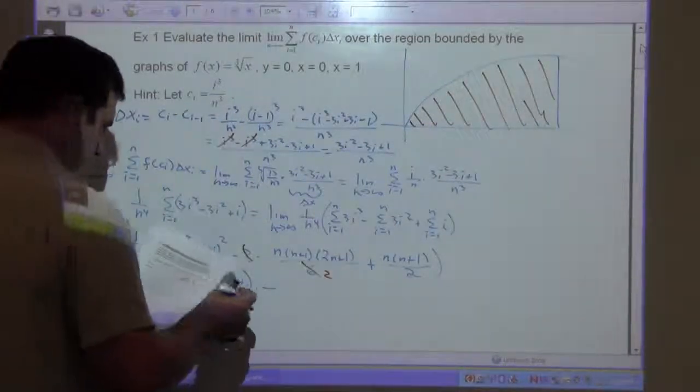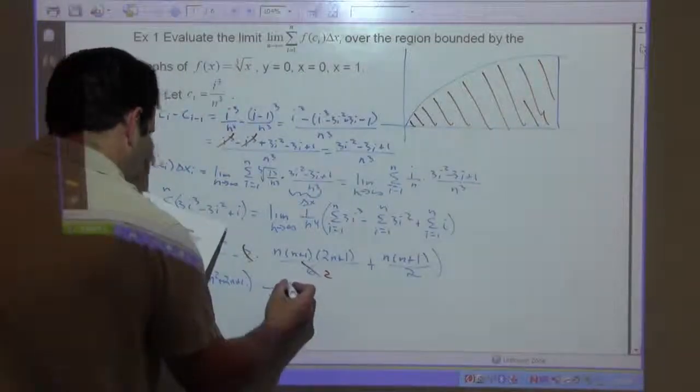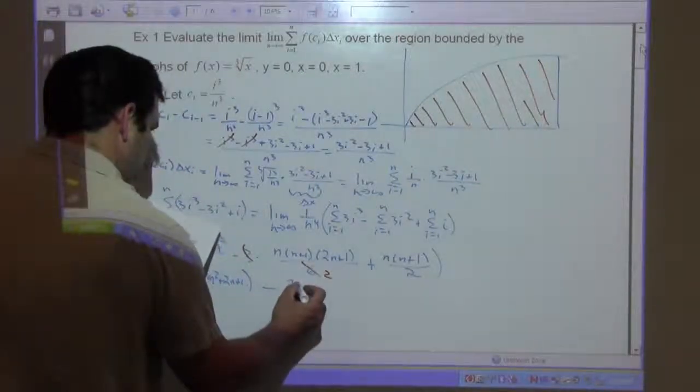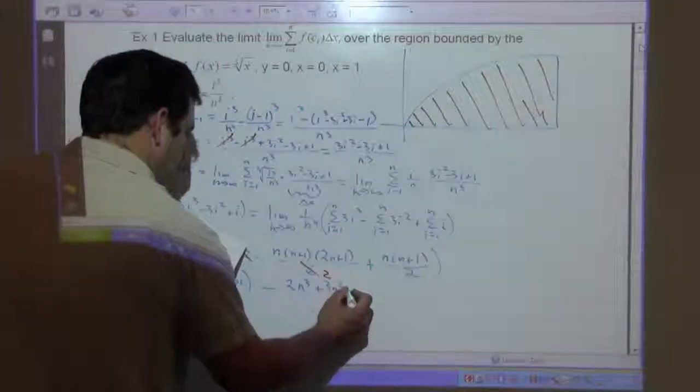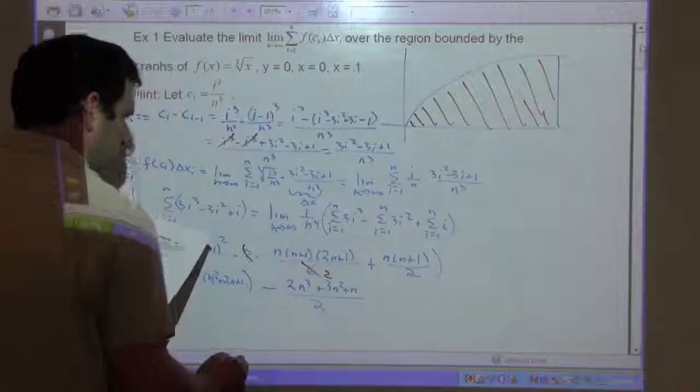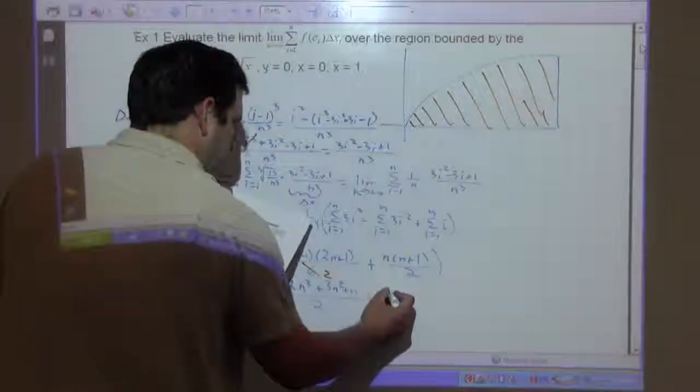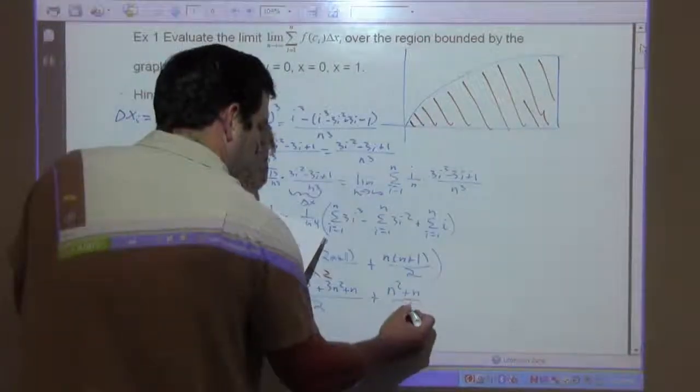We saw this before. It's going to be 2n cubed plus 3n squared plus n over 2. And from here we have n squared plus n over 2.